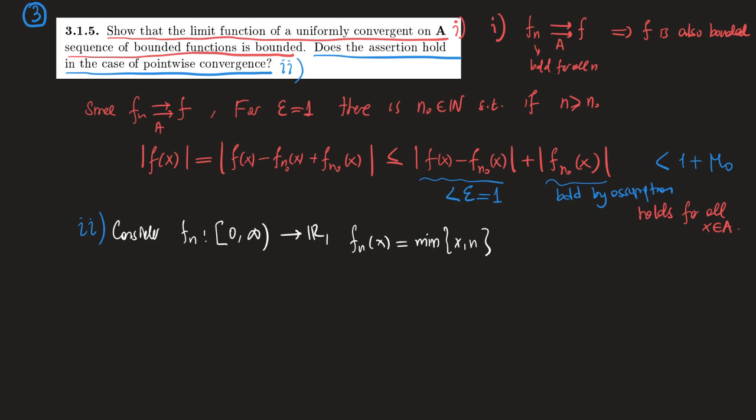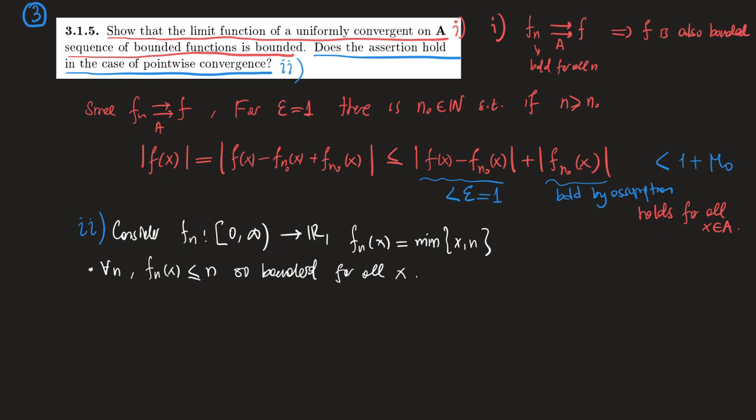As you can see, for each n, f_n(x) is bounded by n for all x. Fix a natural number n; f_n(x) is the minimum of x and n, which is by definition at most n, and this is happening for every x in this interval. So I've shown that these f_n's are bounded.